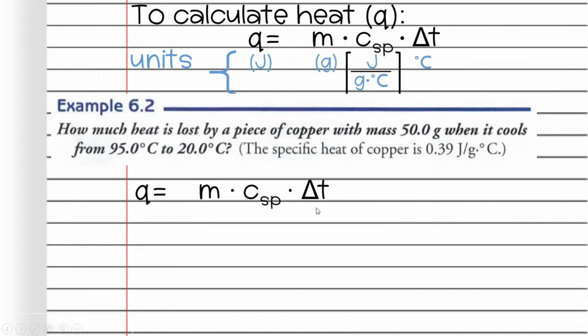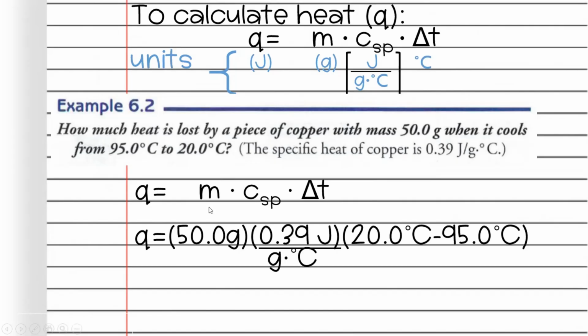So we copied our equation down from up above, and the mass they told us is 50 grams. Here's the specific heat, and the temperature change is, it said it changed from 95 degrees Celsius to 20 degrees Celsius.